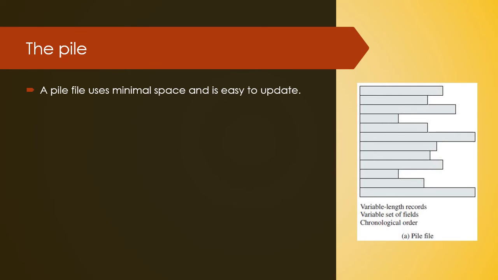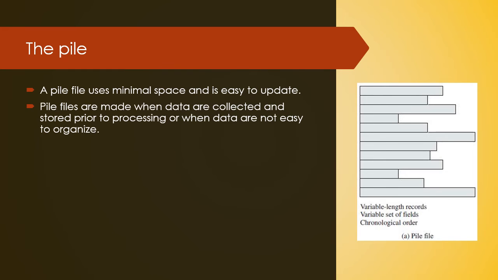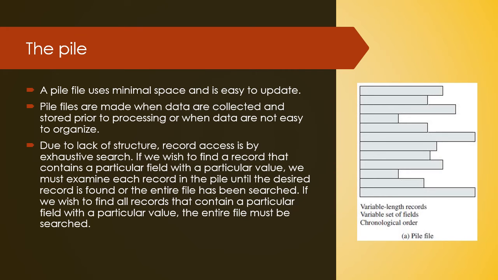A pile file uses minimal space and is easy to update because there is no order in records, so any new record can be appended to the end of an existing pile. Pile files are made when data are collected and stored prior to processing or when data are not easy to organize. Due to lack of structure, record access is by exhaustive search.